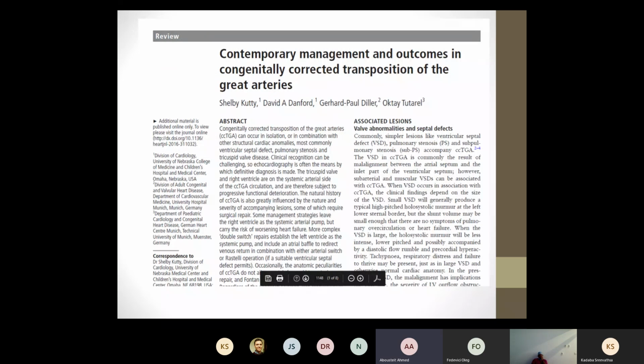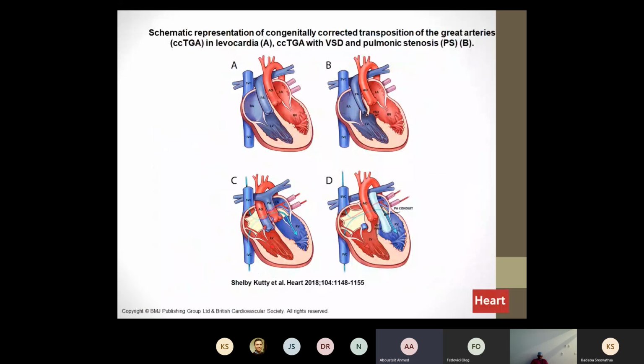So the introduction: we all know that congenitally corrected TGA is mainly an abnormal leftward looping of the primitive heart, leading to two main things: the morphologically left ventricle being positioned to the right of the morphologically right ventricle, with both AV and VA discordance.